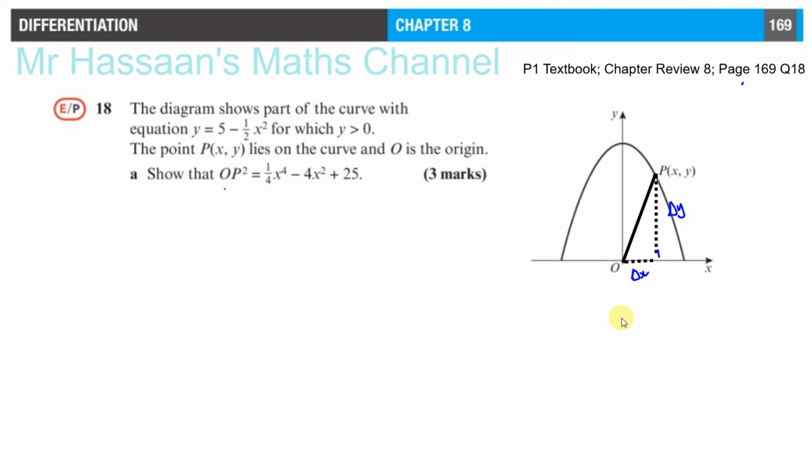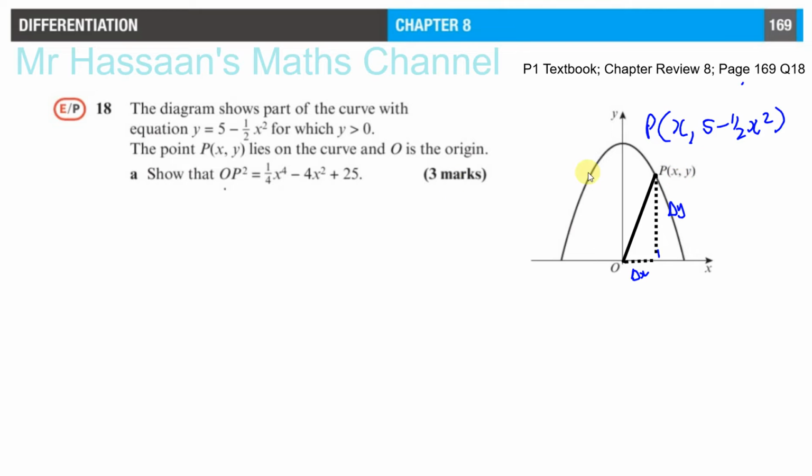So what I've got to do is express the point P in terms of x. The x coordinate is x, and the y coordinate will be 5 minus a half x squared.